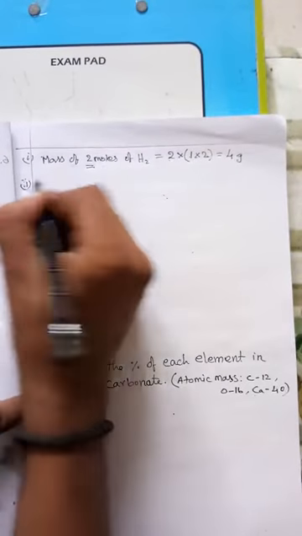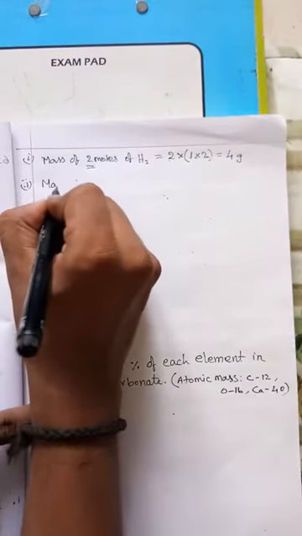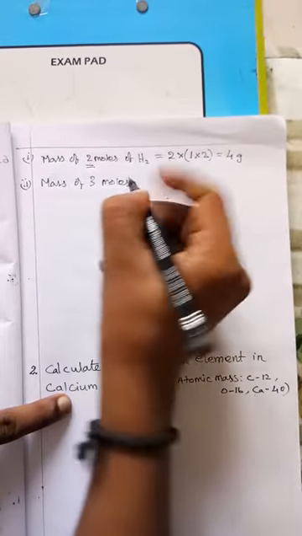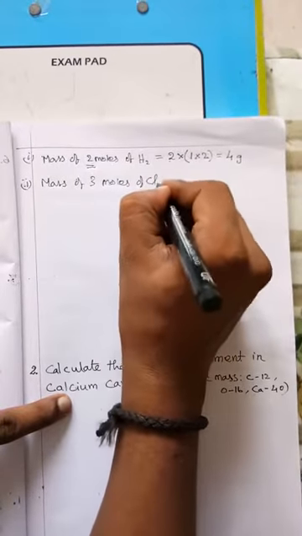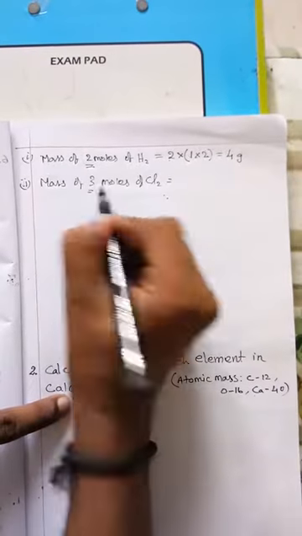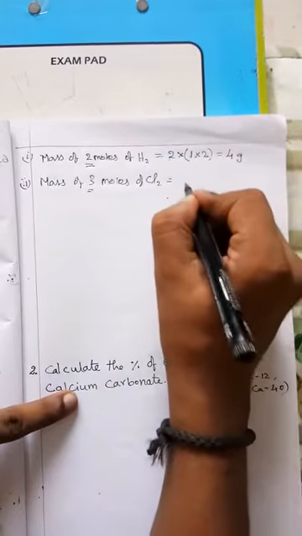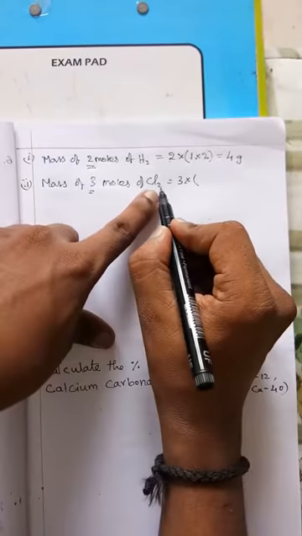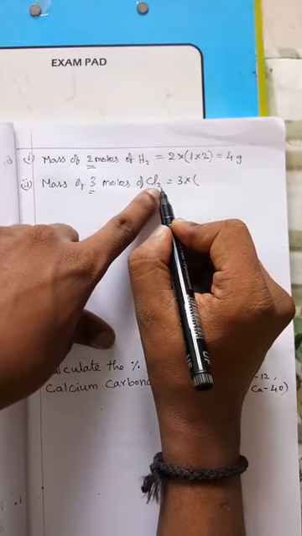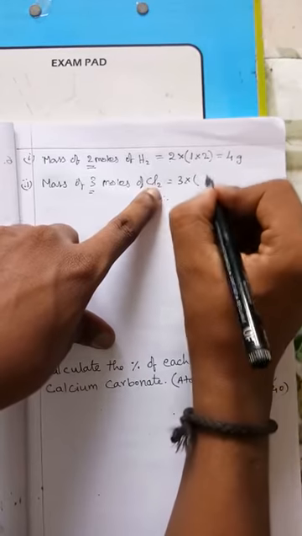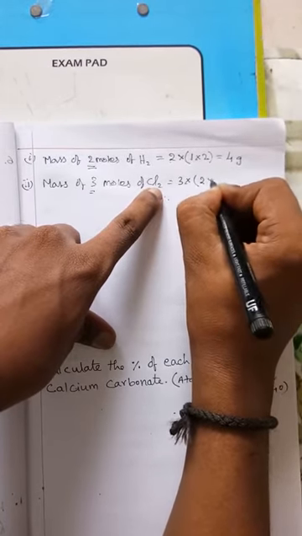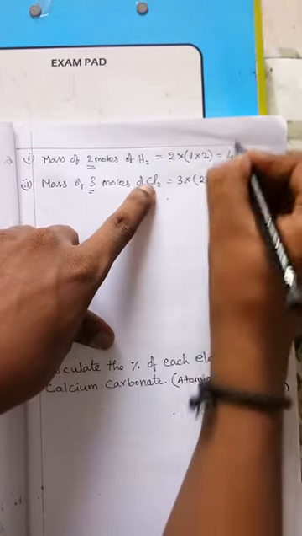Second question. Mass of 3 moles of chlorine Cl2. Here 3 moles. First you take 3 moles into chlorine. How many chlorines are there? 2 chlorines. So 2 chlorine into the chlorine value.